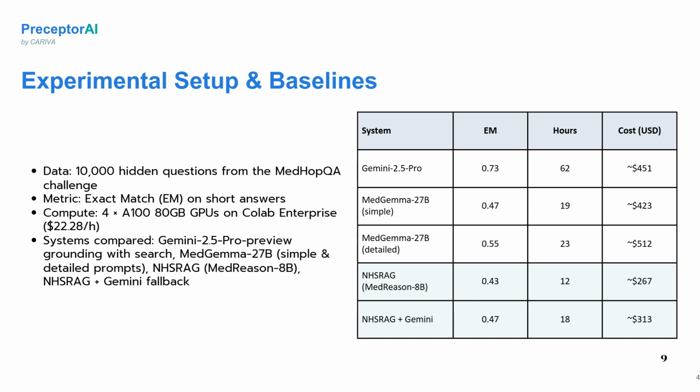The Gemini 2.5 Pro performed around 0.73, and the MedGemma with the detailed prompt scored 0.55.